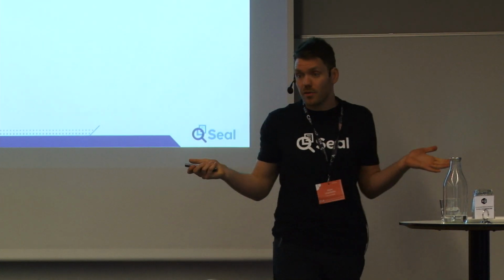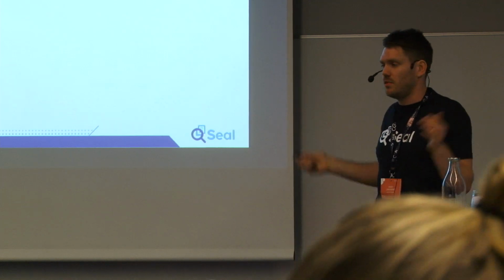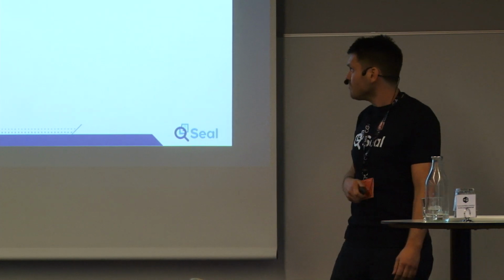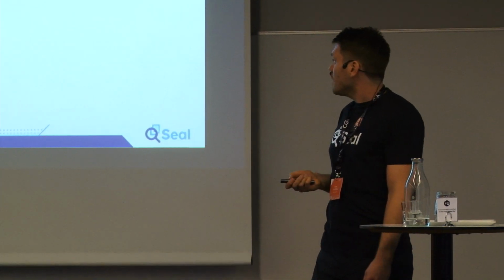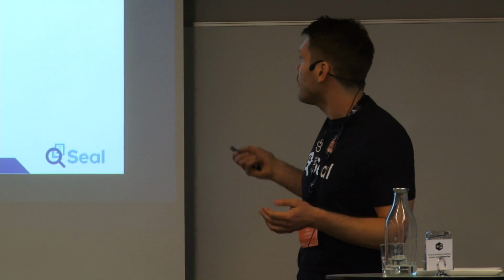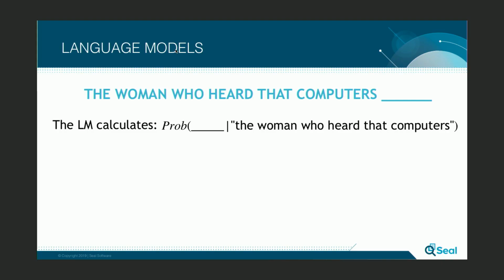But for a computer, this is just symbols. It doesn't know anything yet. So the language model tries to calculate the probability of this word, given this context: "The woman heard that computers." The way this works is that we list all the words that we know in the English language, and we assign probabilities to each one of them.